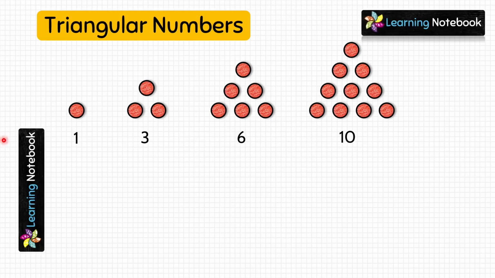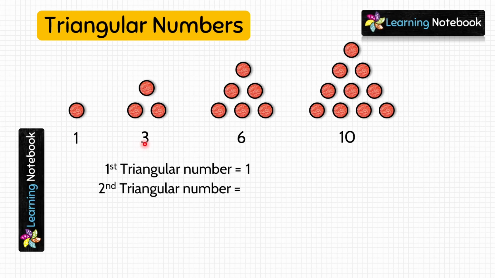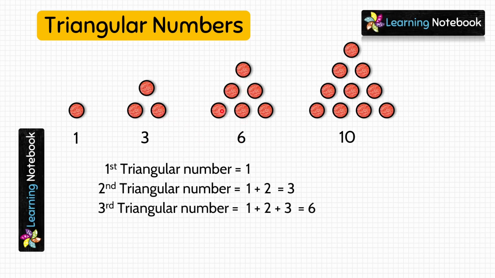Students, let's understand more about triangular numbers. First triangular number is 1. Second triangular number is 3, which can be written as 1 bindi plus 2 bindis. Now third triangular number is 6, which can be written as 1 bindi plus 2 bindis plus 3 bindis.